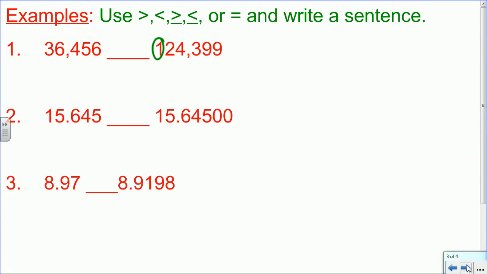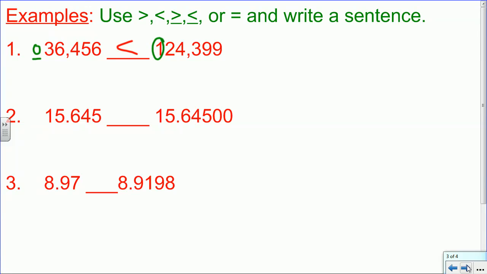The right-hand number has a 1 there, and the left-hand number is empty in the 100,000s place, so we could fill in a 0 there. So we always know that 100,000, no matter what comes after it, is always going to be greater than 0 100,000s. So we'll use the is less than symbol here.